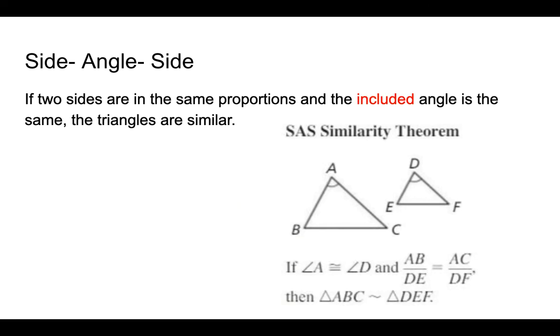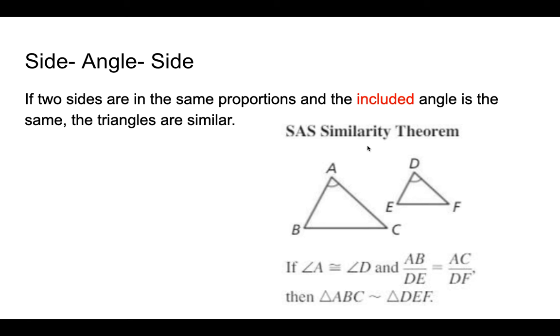And the third one is side angle side. Now this one says if two of the sides are the same proportion, so we don't need all three, we just need at least two of them. And this is important, it has to be the included angle that's exactly the same. So the sides have to be in proportion, the angle has to be the same. Now, keyword here is it has to be the included angle.